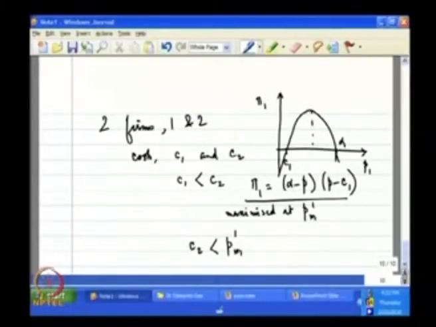In the middle there is this PM1 at which the profit is getting maximized. This is nothing but (C1 plus alpha) divided by 2. What we have been informed is that there is this C2 somewhere in between C1 and PM1. That is what we know.